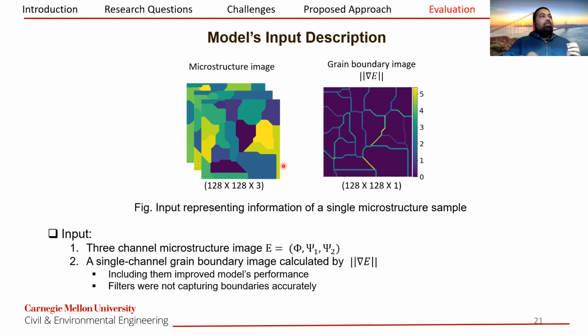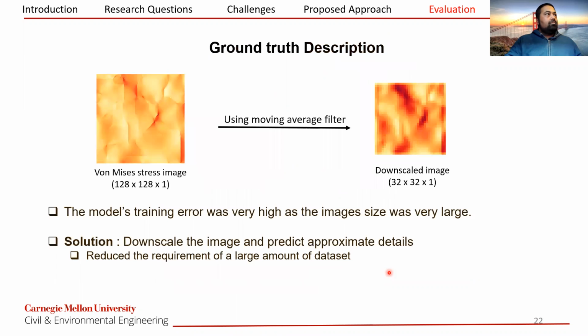At the same time, we wanted to tell it how much the gradient is, how much the Euler angle changes across this boundary. This did help us in improving the accuracy a little bit. But the main important part was that it helps in visualizing the features much better, and I will actually show that visualization.